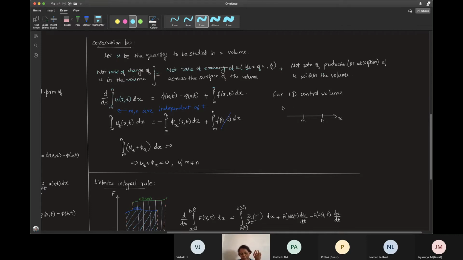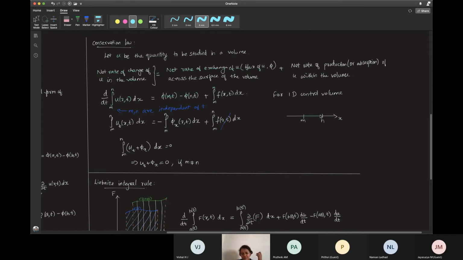I have written it in 1D. This is our control volume, where you have m on the left side and n on the right side. So I'm integrating it, and to identify the change of that quantity in the volume, you differentiate it. And for the exchange, for the flux, you have another function, phi. Phi is again a function of u.